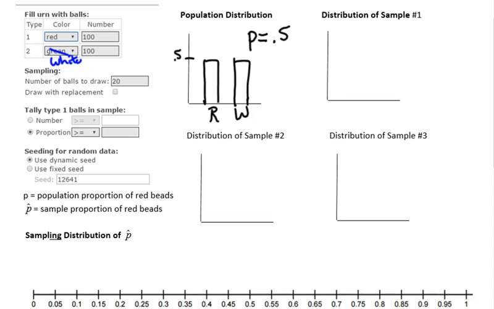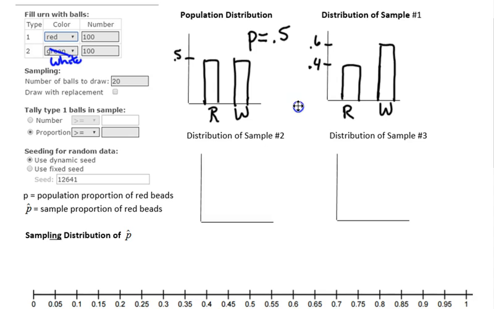So the distribution shows 50% red, 50% white. The first sample I got had 8 red and 12 white. So I had a sample where 40% were red and 60% were white. So the distribution of my first sample would look like this, red and white.